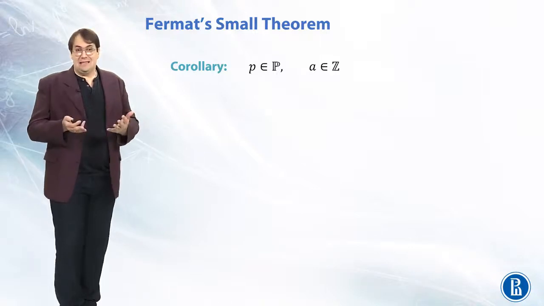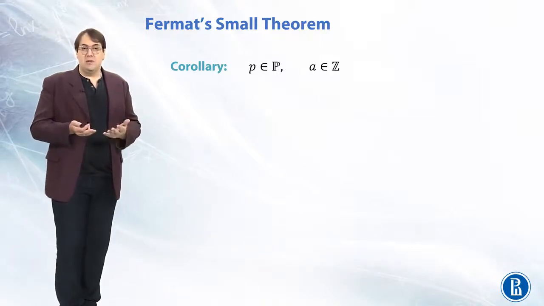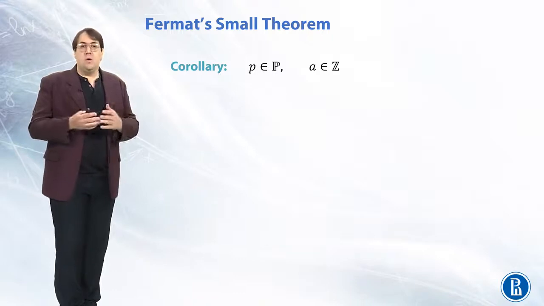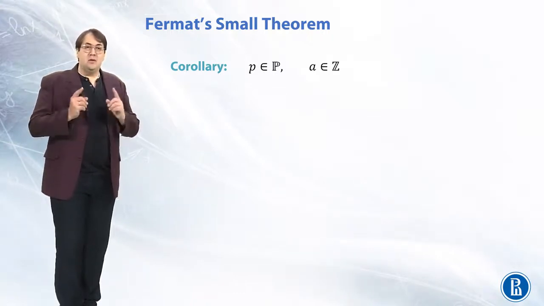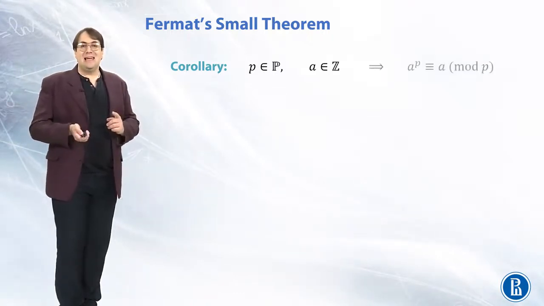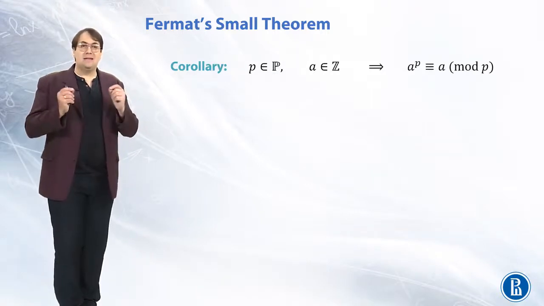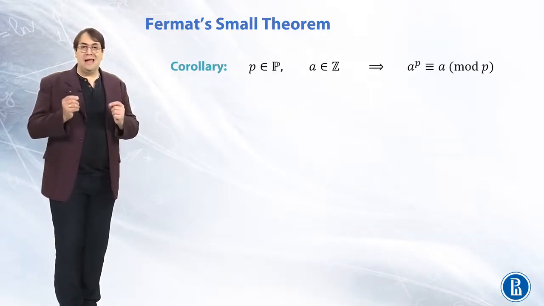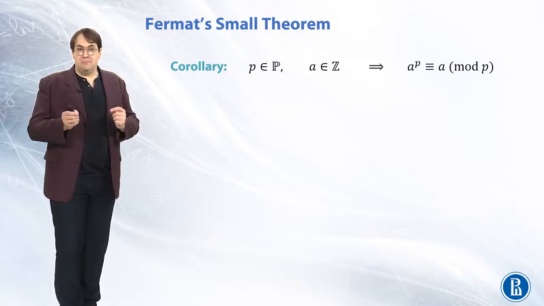Well, actually, yes. Fermat's small theorem can be generalized for all integers a, only in this case we need to take a to the power of p, and it will be congruent to a modulo p.